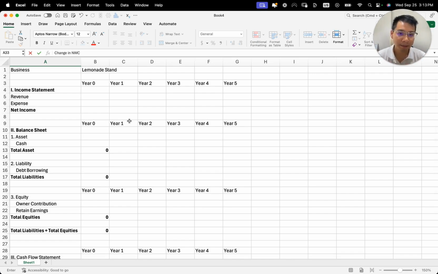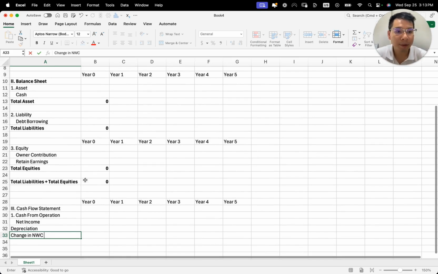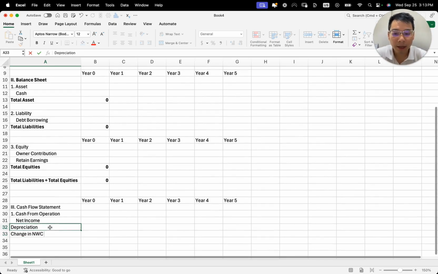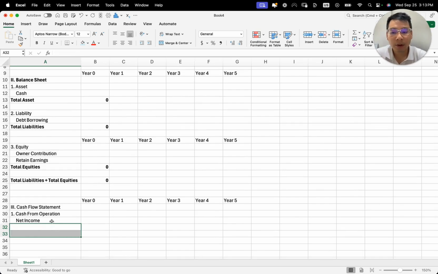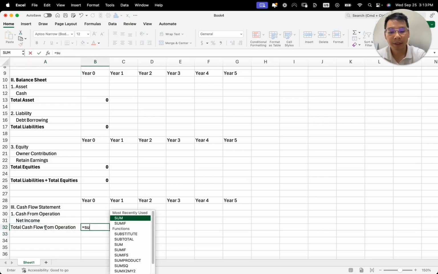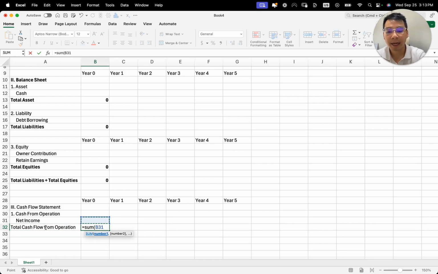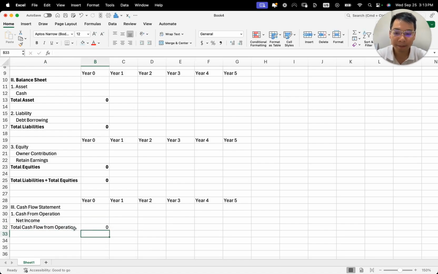But for the simplicity of this three-statement modeling, I will leave these out. So we'll treat net income as 100% cash generated from your business, which means the customer buys your lemonade and pays you right on the spot. And you're going to have a total cash flow from operation, which is the sum of the components inside of it.